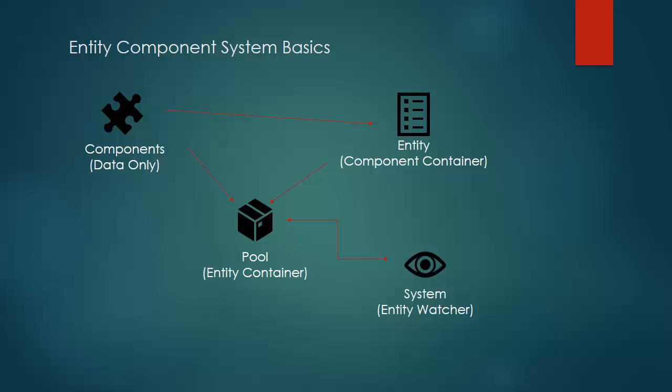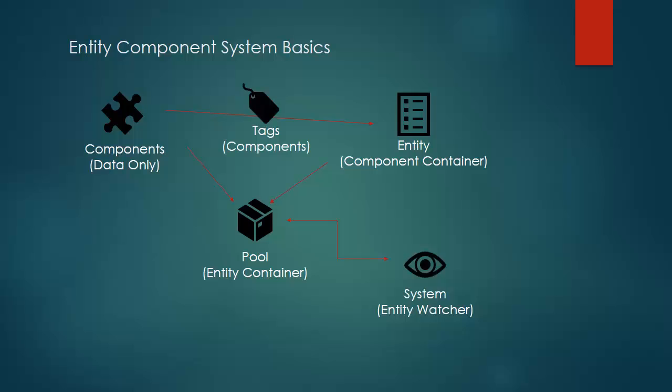You can say things like, hey, I want to watch all of the entities in the pool, and anytime an entity with a position and a velocity exists in there, every time I run, I want to take that velocity and apply it to the position to change the position by the velocity. And that's how you build all of your systems out.